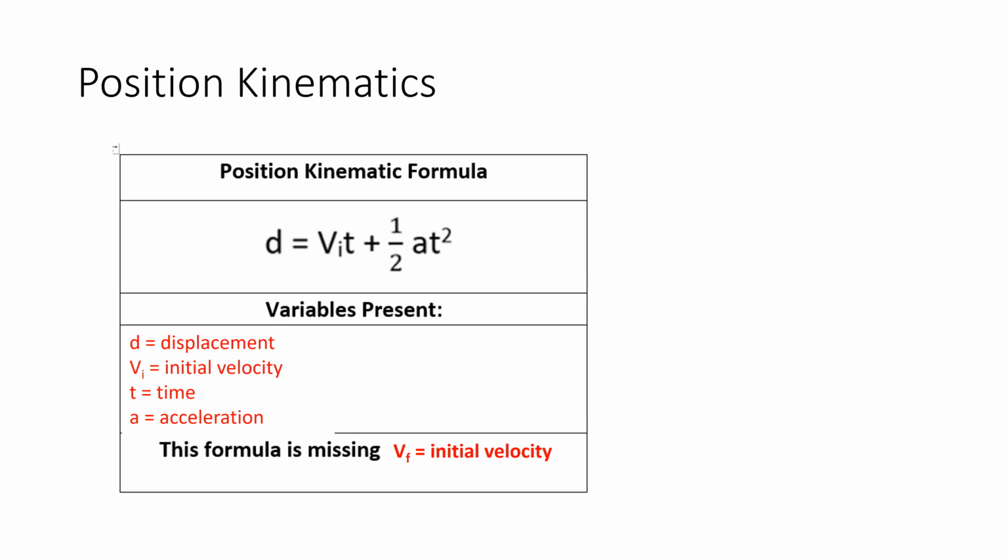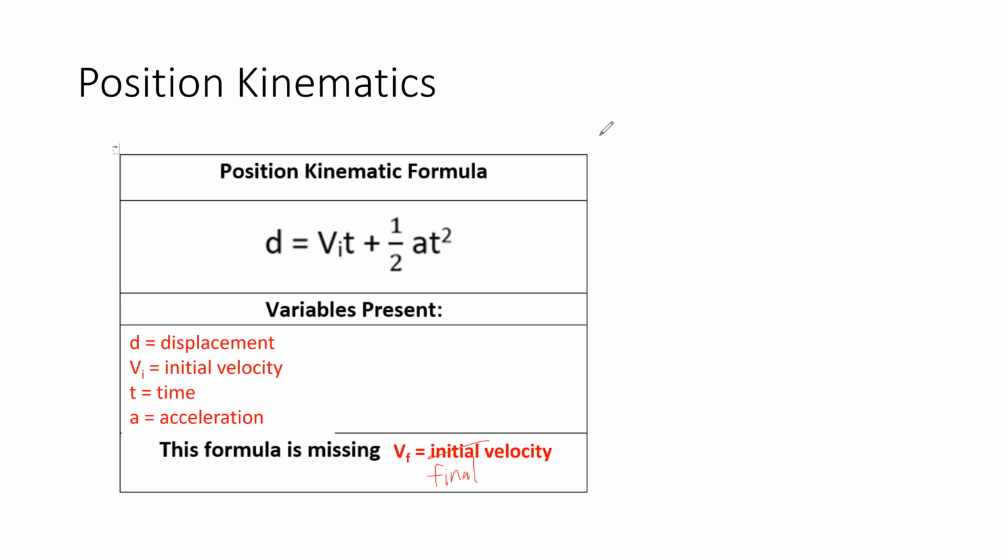This should say, in this formula, you do not have a final velocity. I'll go back and change that on my PowerPoint. I'm going to change that right now because if I don't, I'm going to forget. All right, so that should say final.